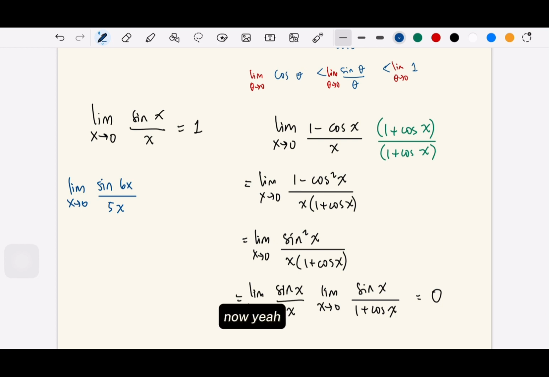Any idea? The shortcut is equal to 6 over 5. But how do we get it?